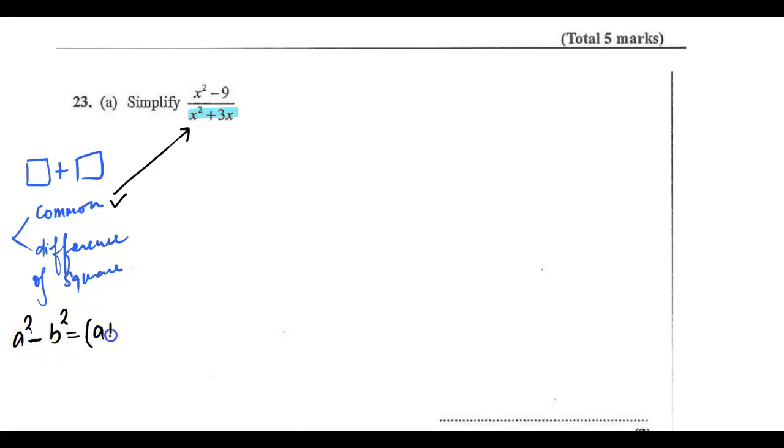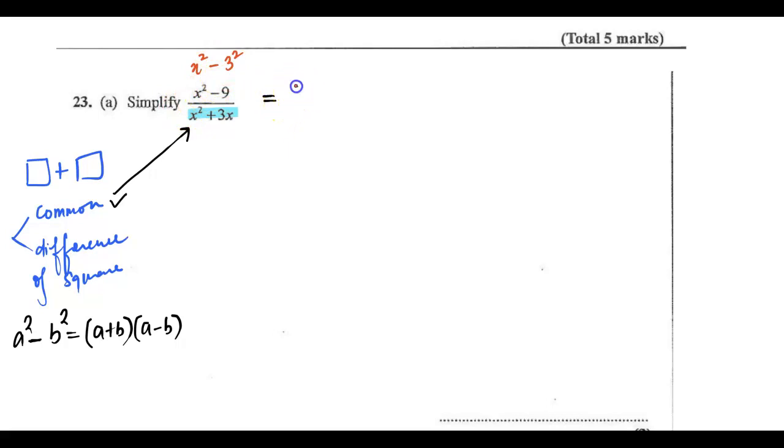So we can write them as sum and difference in different brackets. The same number, add them and subtract them, and that is basically the implementation of the formula. So you just have to identify what numbers are there. So x squared minus 9, we can write it as 3 squared.